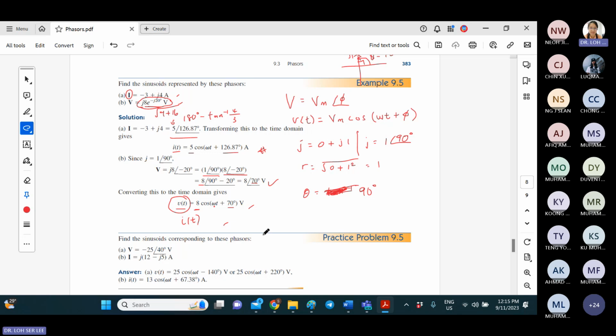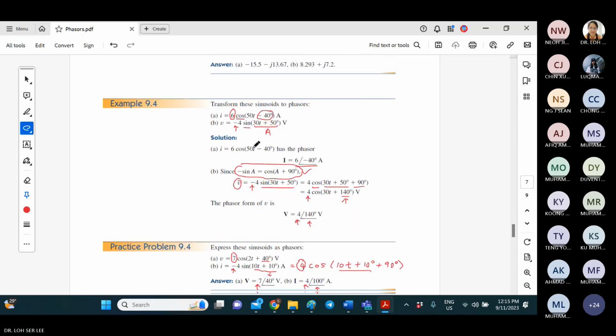If you are given in phasor forms and you want to find for the sinusoids, then your answer will be in time domain. Do you get what I mean? You see, this one, you are given phasors, you have to find for the time domains.